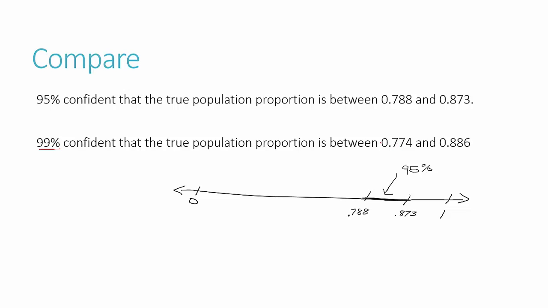Our lower limit was 0.774, so it's down here, and our upper limit is 0.886, so right up here. Between these two, we are 99% confident that the true population proportion is in that range.